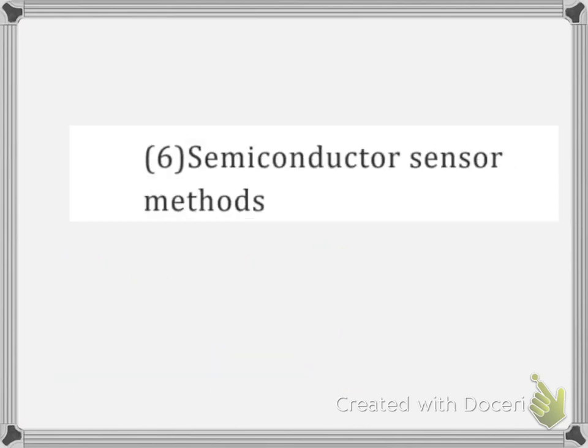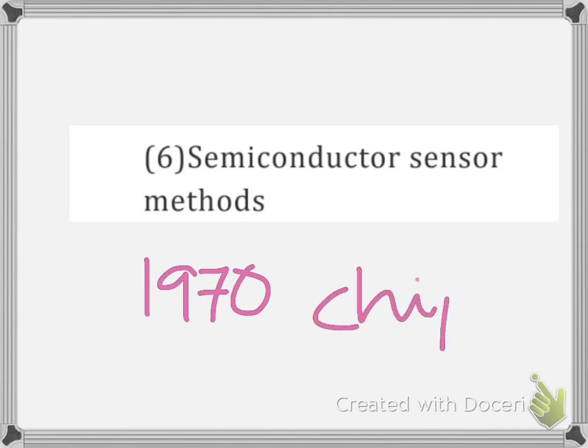Next one is the semiconductor sensor method. The semiconductor pH sensor was developed in 1970. It replaces the glass electrode with a semiconductor chip.